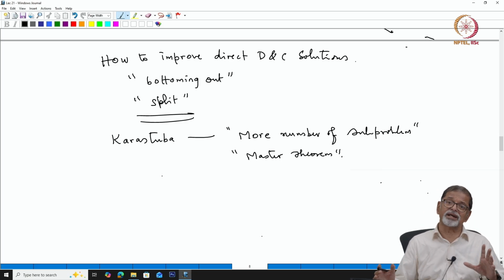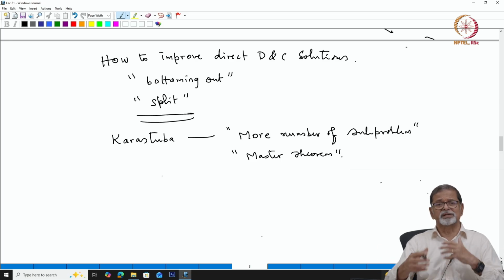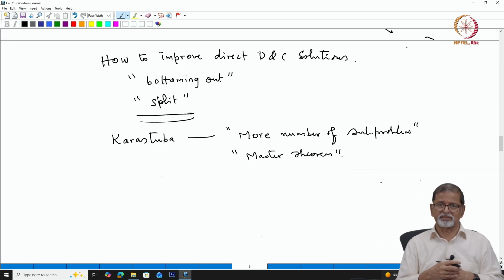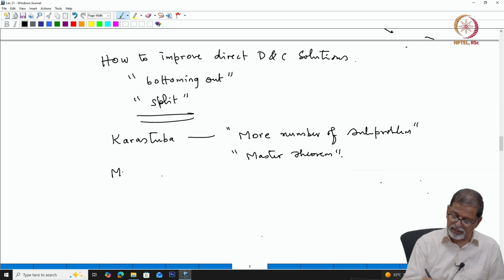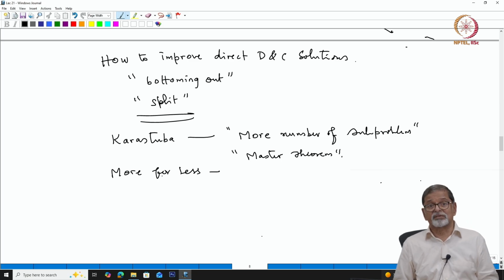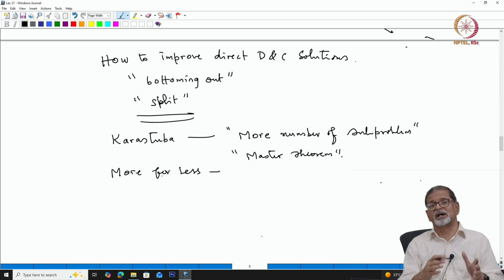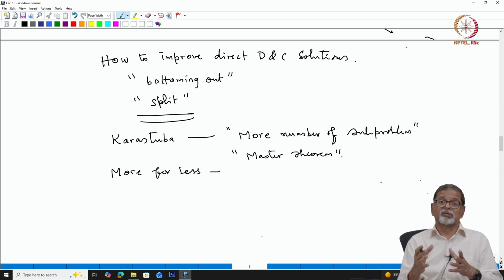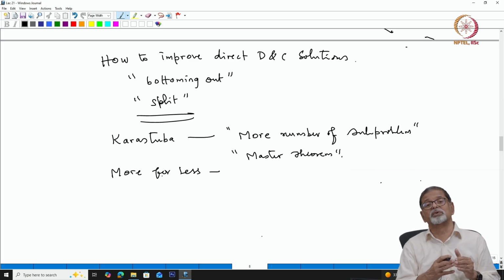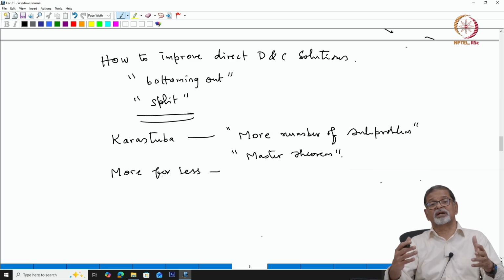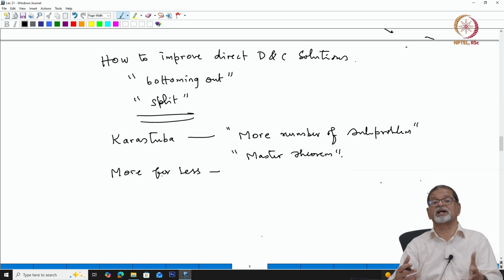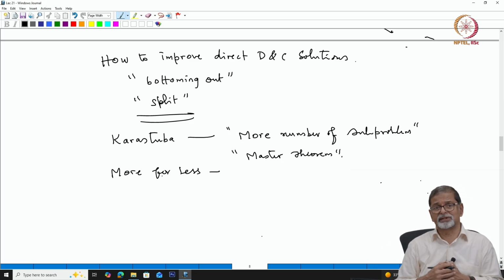Then we have seen an unusual way of improving the divide and conquer algorithms, that is more for less. In more for less, we have seen that a direct way of designing a divide and conquer algorithm has certain complexity, but when we try to add something more as a part of the output, it contributes to efficiency in the combining cost as well as in the overall cost.